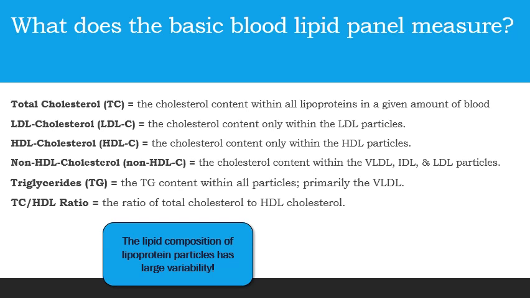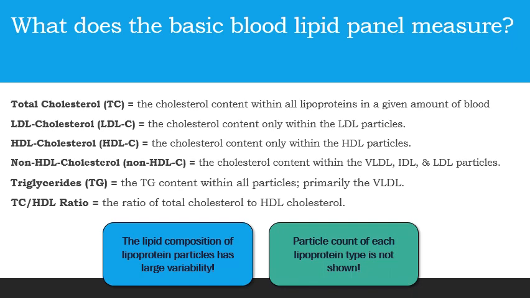Well, that amount of cholesterol could be carried by just a few gigantic LDL particles, or it could be carried by a ton of tiny little particles. But this basic test would give you the same LDL-C number despite the particle count.